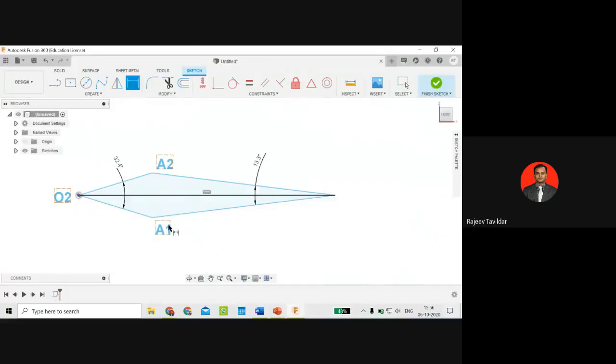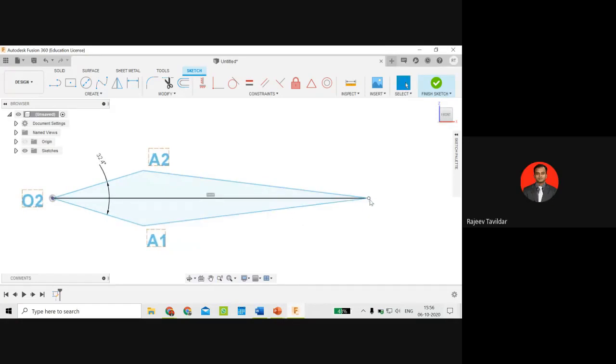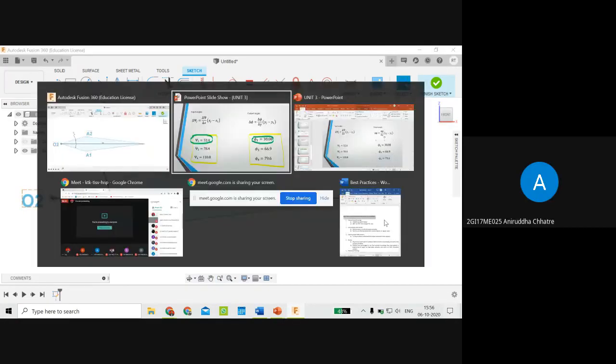So when I'm connecting 1 and 2 here, this should be phi 2, and this angle I should get 38. So if I want to make this 38, then how to proceed with this diagram? How to proceed and mark this O4? Can anyone tell me? Sir, sine of that angle.